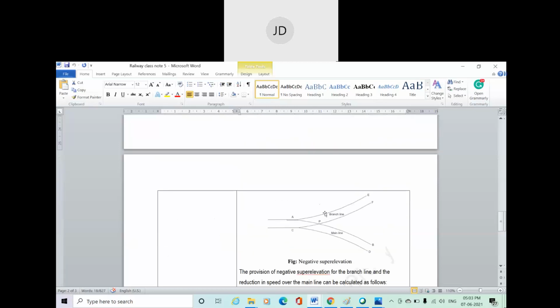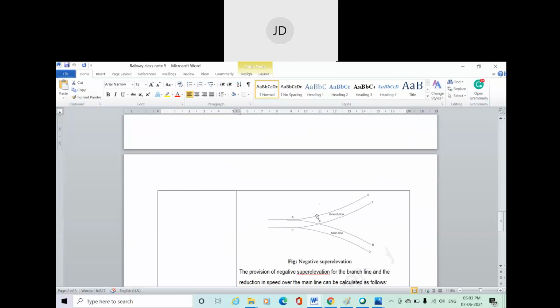Since the branch line is originally a part of the main line, please unmute yourself. Sorry, mute yourself. Everyone please mute.